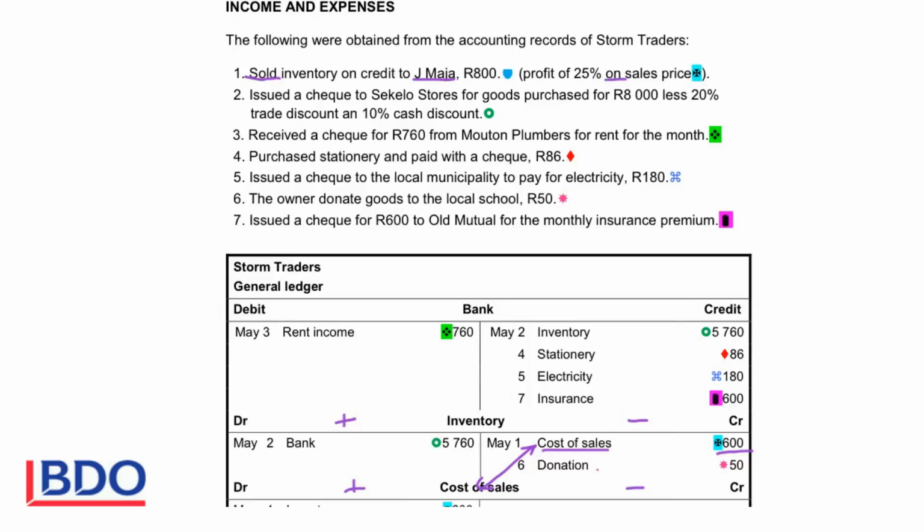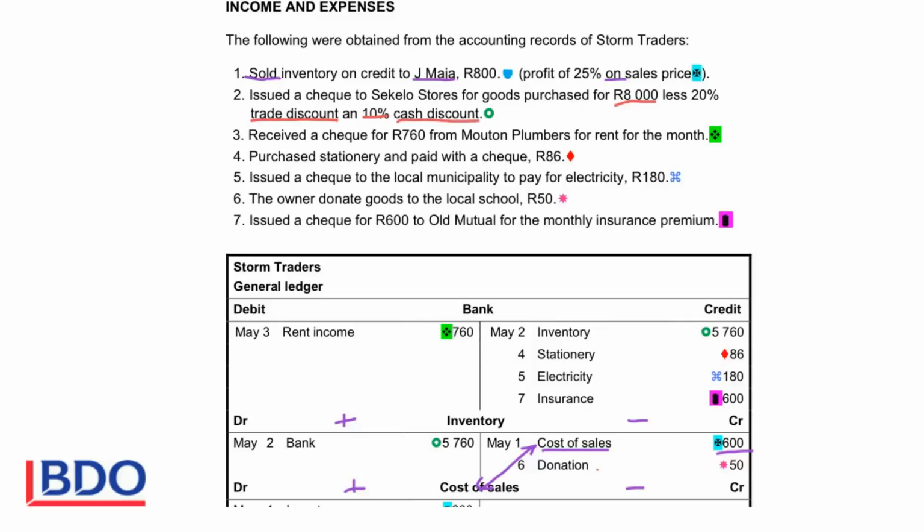Issued a check to Sekela Stores for goods purchased for 8,000 less 20% trade discount and 10% cash discount. So because we are buying the goods with the purpose of selling, they will give us trade discount. And if we pay immediately on this discounted amount, they will allow us cash discount.